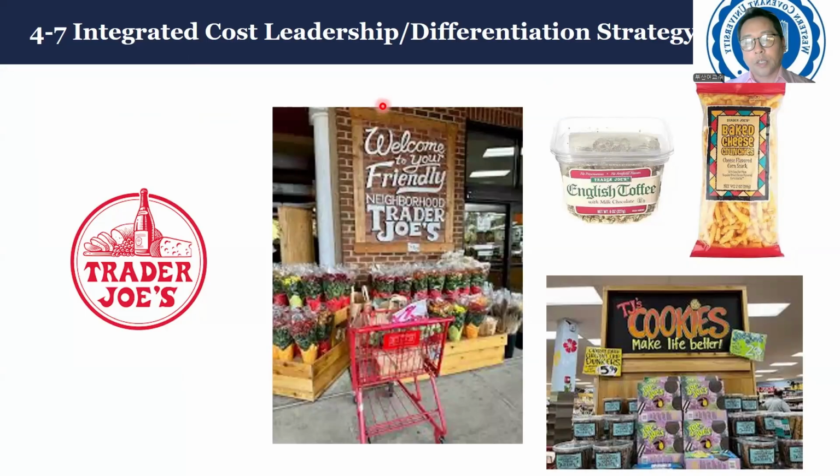But first, I want to give you another good example of an integrated strategy: Trader Joe's. It keeps costs low by offering a limited number of products, using many private labels, like most of the products are private label, and operating relatively small and efficient stores instead of a big discount store like Walmart, Costco, or Target.